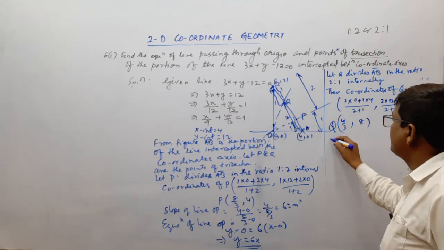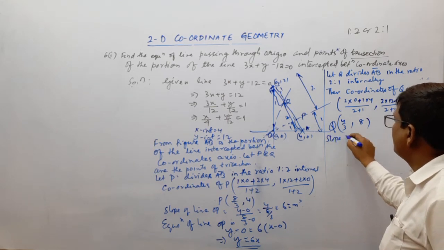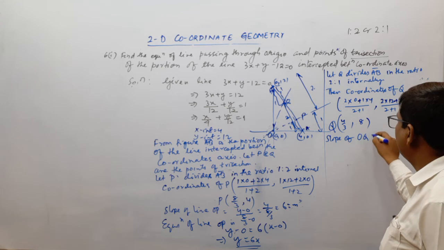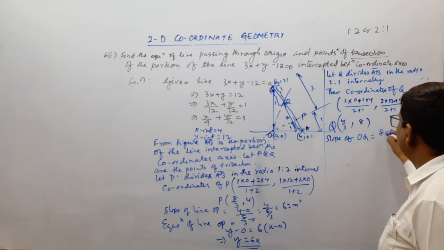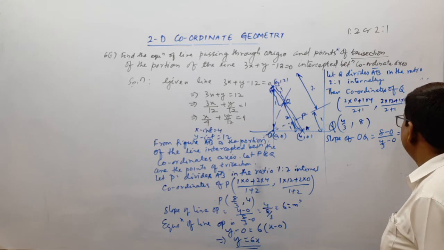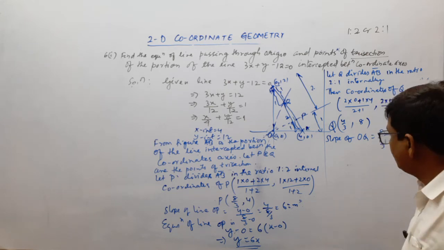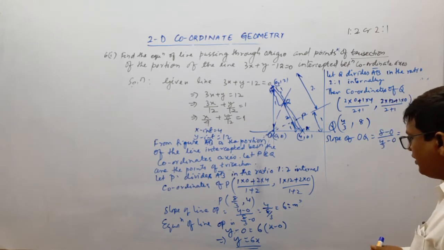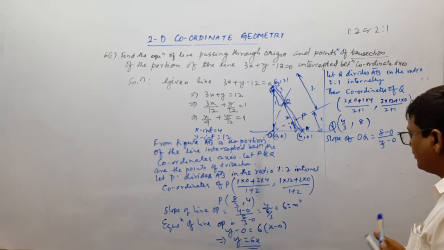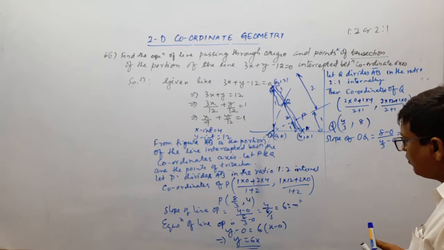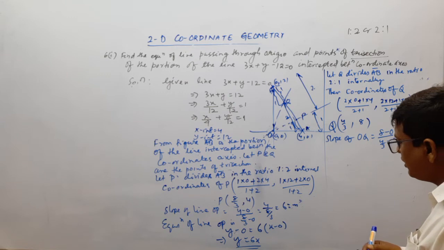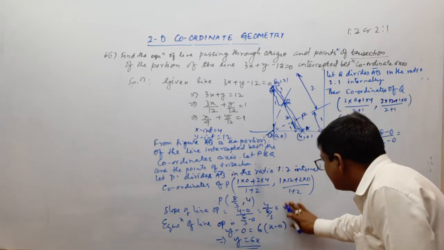Now slope of OQ is 8 minus 0 divided by 4 by 3 minus 0. So this will be, sorry, this is wrong here.